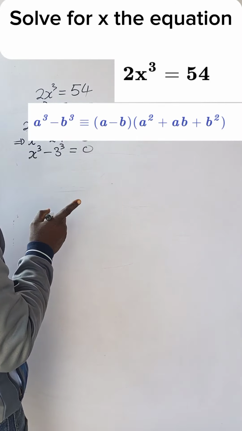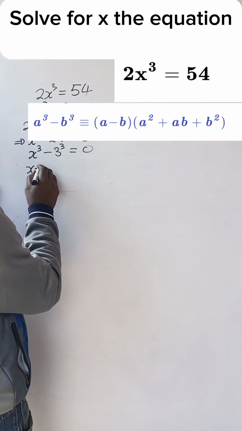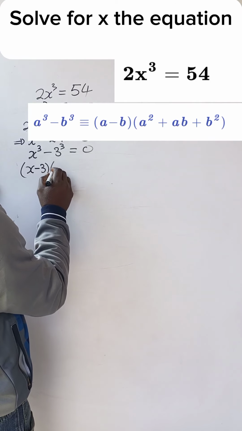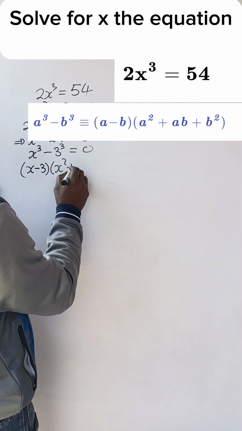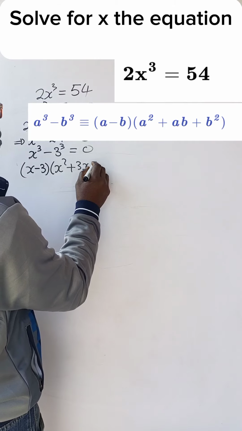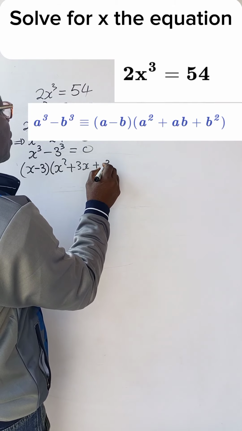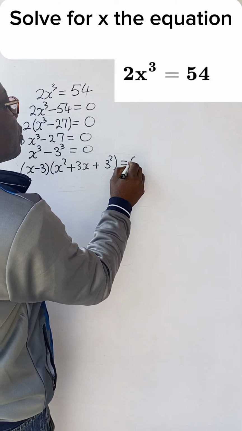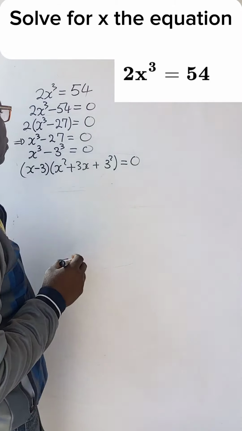Using that identity, we obtain x minus 3 into x squared plus 3x plus 3 squared is equal to 0.